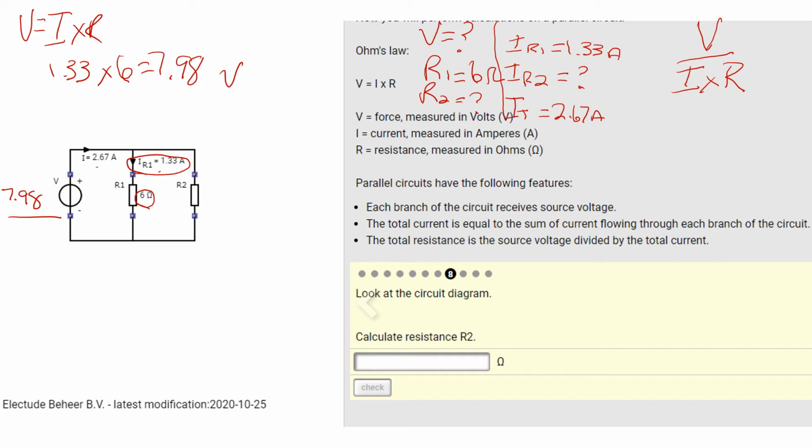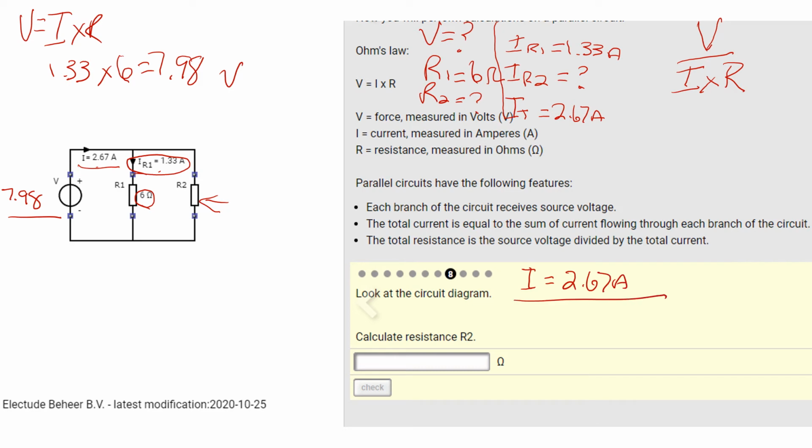Now if I want to figure out the current flow in this one resistor, I can do that by taking my total current, which is 2.67 amps. That's my total.